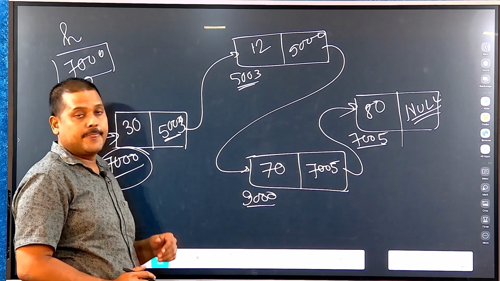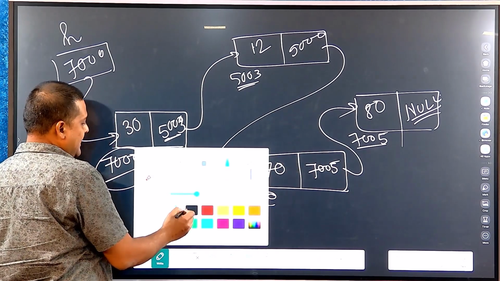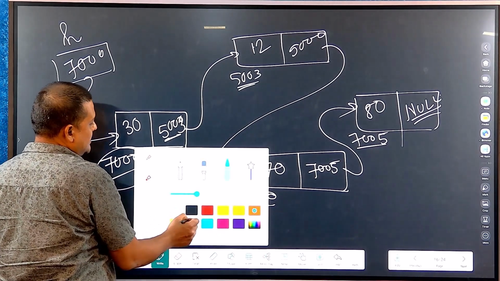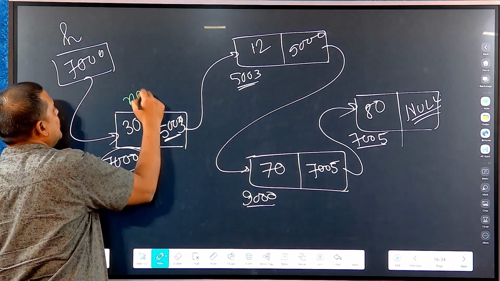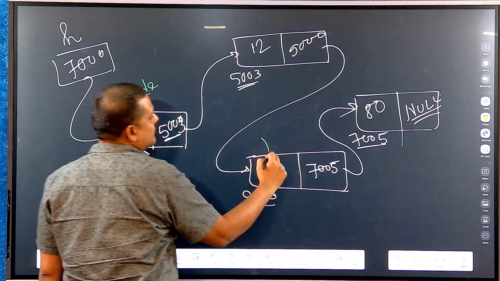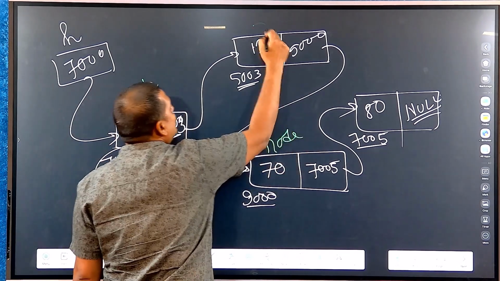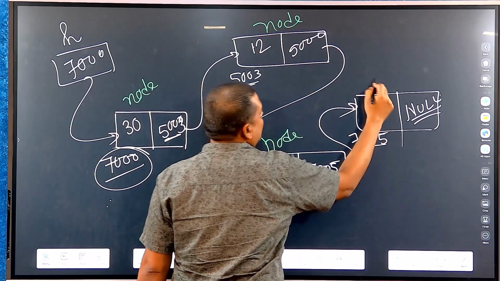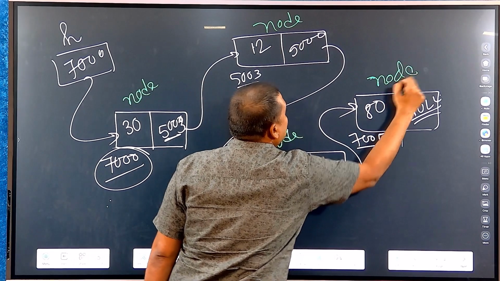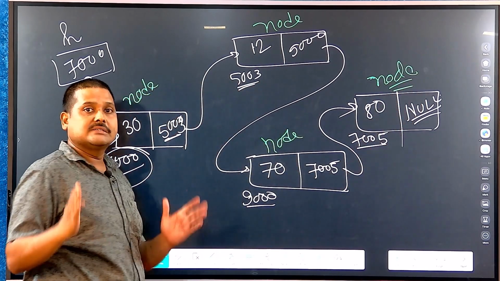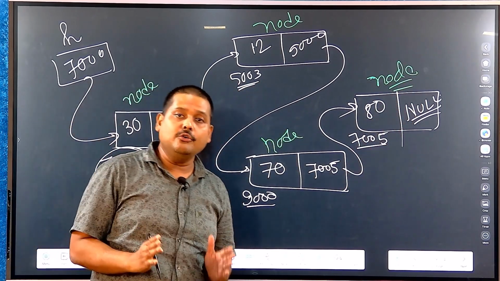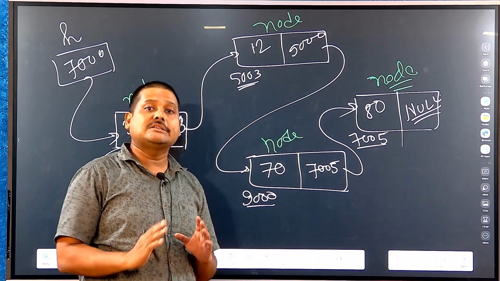So, everything here is called a node, this is a node, this is also a node. Each node has two different parts: one part is storing the value, and another part is storing the address of another node.